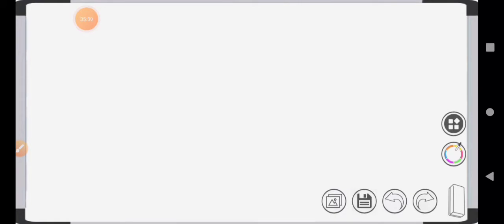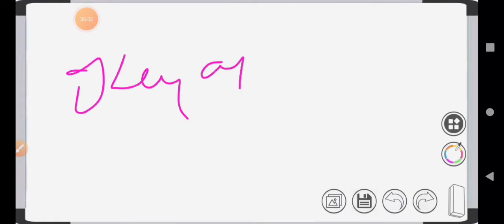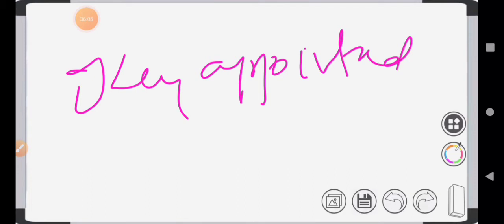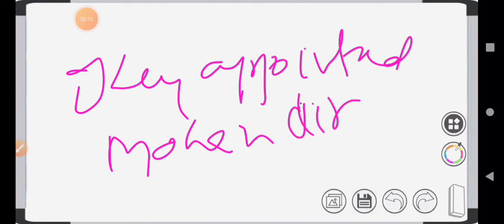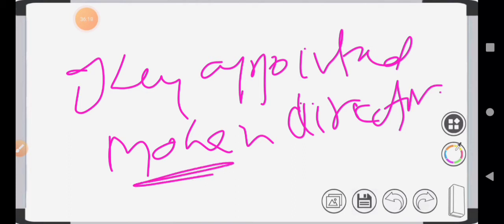For example, they appointed Mohan director. Mohan is the object: subject, verb, object. Director, who is director?